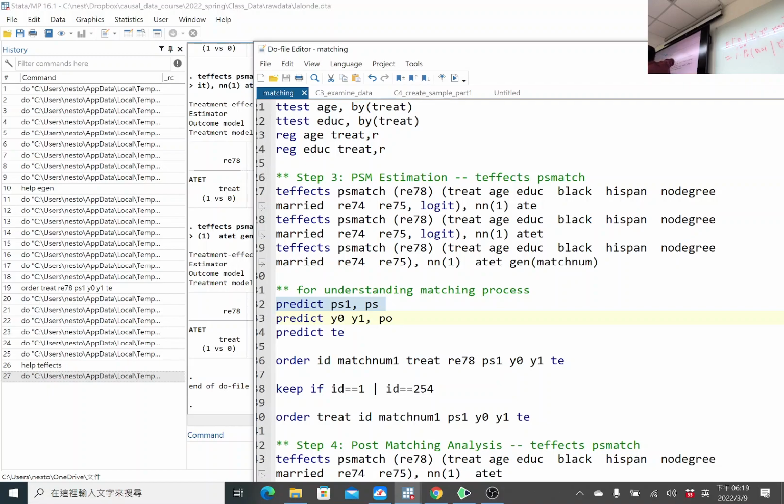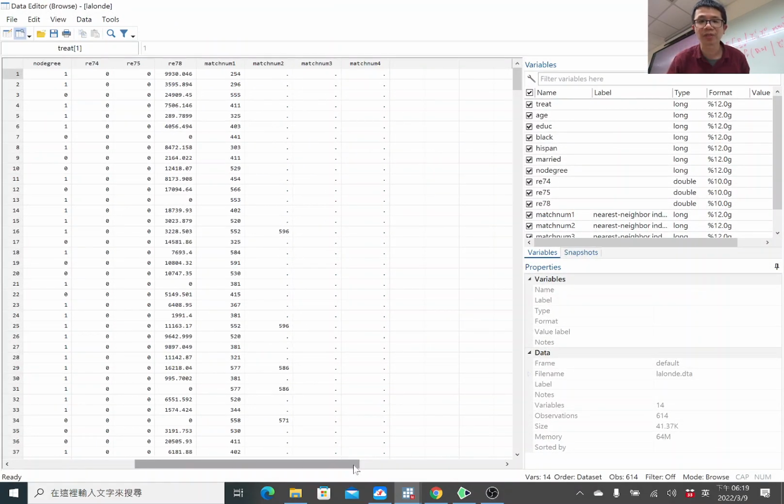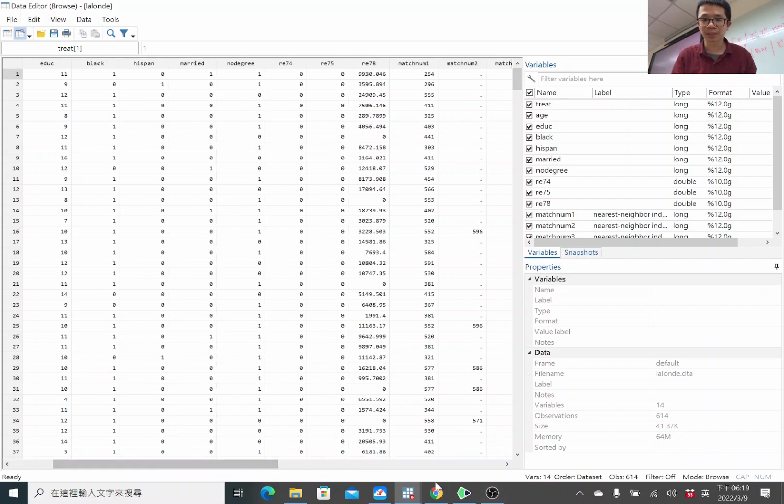Because when you implement this, the data will not generate any variable telling you their potential score. But maybe you want to know, so you can implement that command. And also, this is the thing I just mentioned. It lets you know what the match number is.